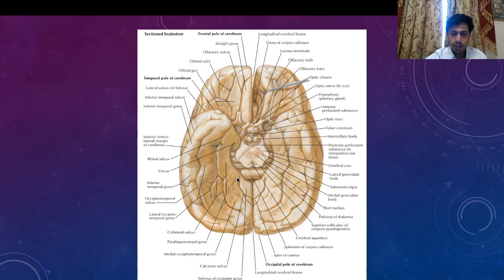This sulcus is part of the occipital lobe, and it is the calcarine sulcus. Of course, we have other sulci which are important, but they're not exactly the most visible. And those are collateral sulci, which essentially just divide the diencephalon from the subcortical parts of the telencephalon.